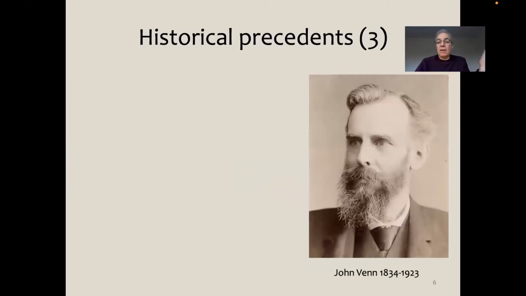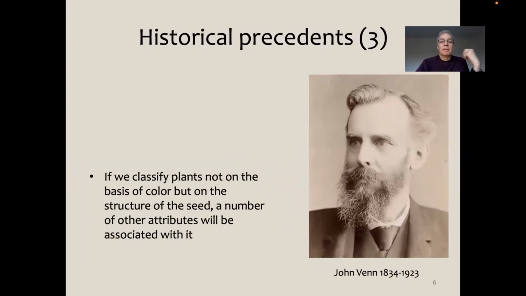And John Venn, who was writing a little later and was influenced by Mill and also Whewell, agrees with this. So he says if we classify plants not on the basis of color, but on the structure of the seed, a number of other attributes will be associated with it. So color is an artificial classification scheme when it comes to plants, but the structure of the seed is a natural classification scheme.